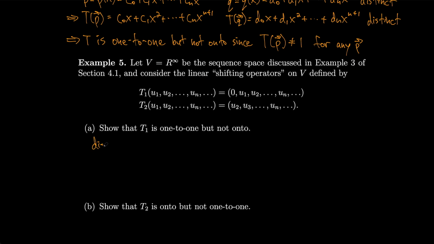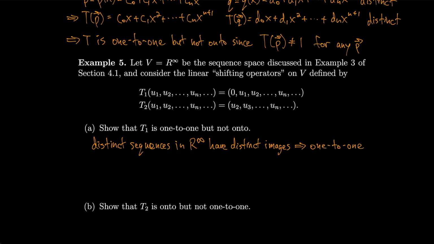So the 0 doesn't make them not distinct anymore. Distinct sequences in R infinity have distinct images. So T1 is definitely one-to-one.